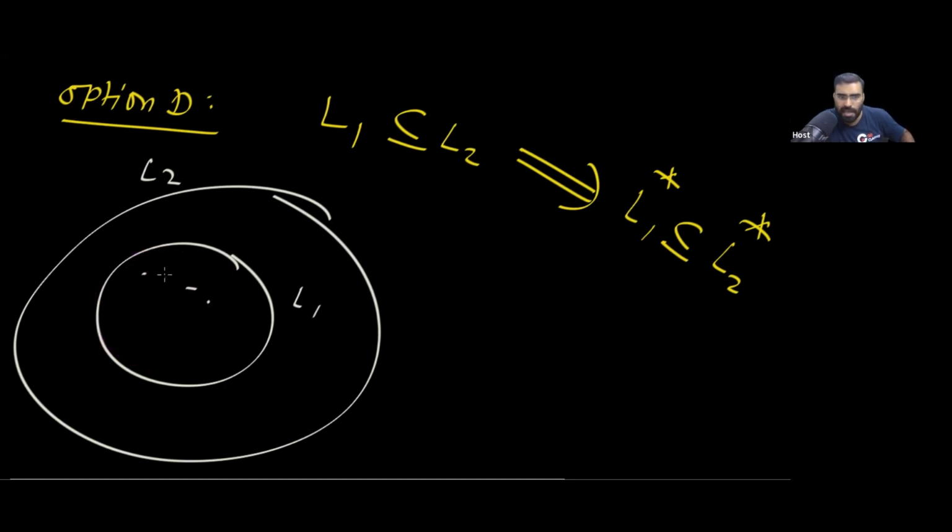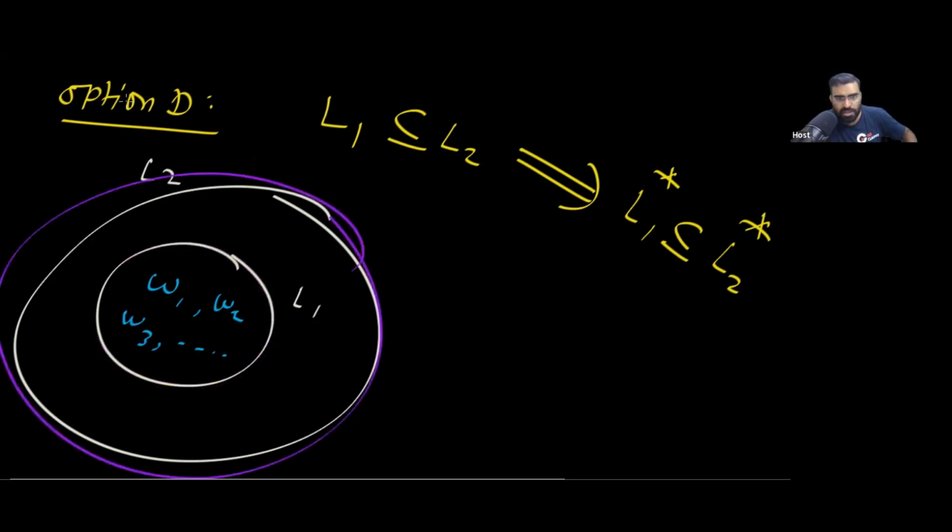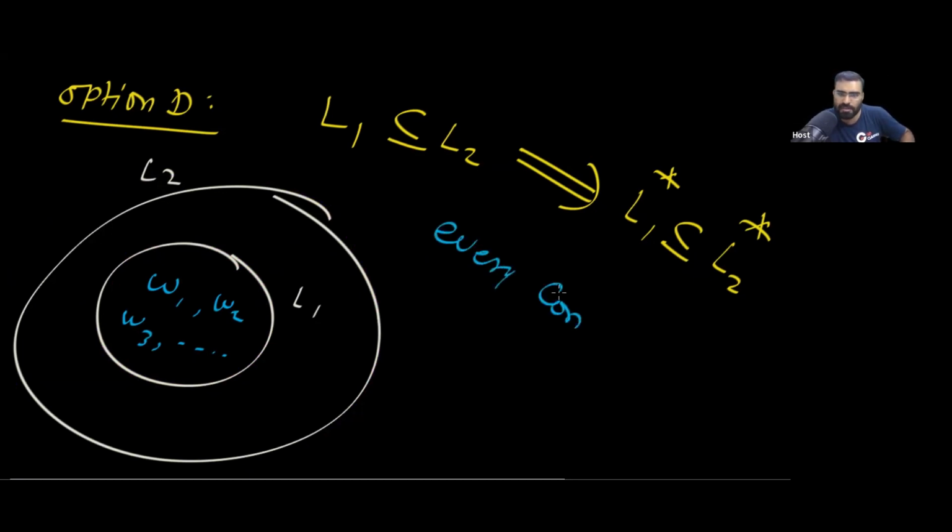Please tell me, every combination of these strings, for example, let's assume here you have W1, W2, W3. So every combination that you can create here, I can also create in L2.